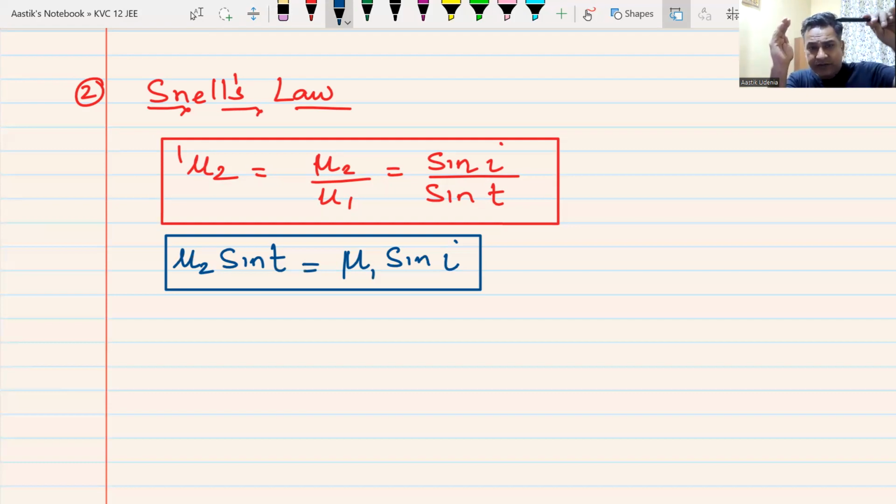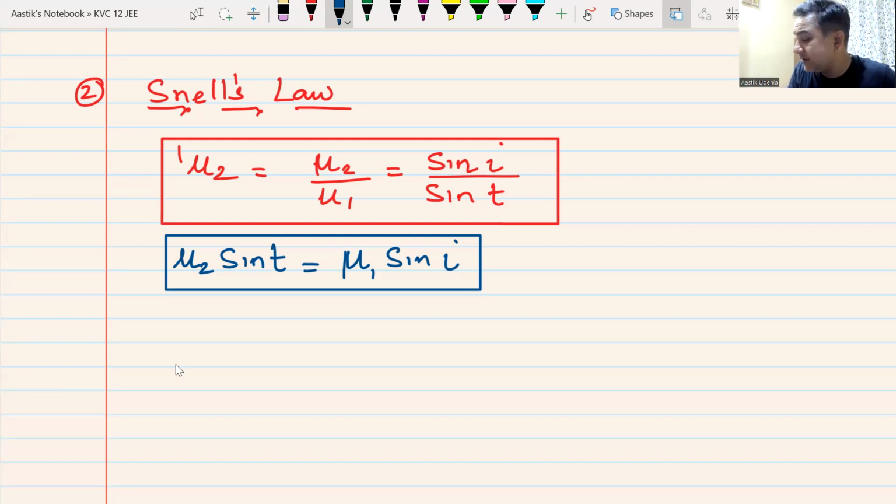I told you the light which is moving parallel to the principal axis, after reflection, will pass through the focus. If I reverse it, a light which is passing through the focus will become parallel. That was nothing but the principle of reversibility of light rays. Do we understand this?